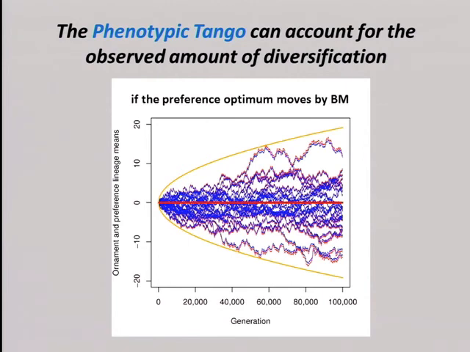We can nicely explain the evolution of preferences and ornaments out to about what we need, on the same time scale. The amount of movement that we require in the optimum is just a small fraction of the standard deviation in an ornament per generation. It's just a little bit of movement, but accumulated over 100,000 generations, it easily produces the amount of differentiation we need. Okay, so that's good.